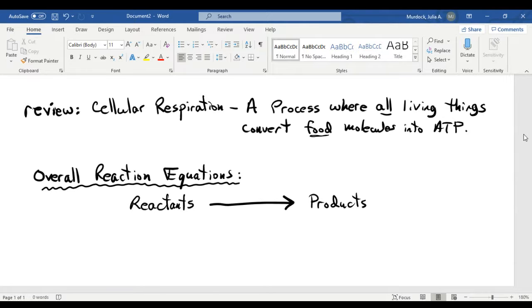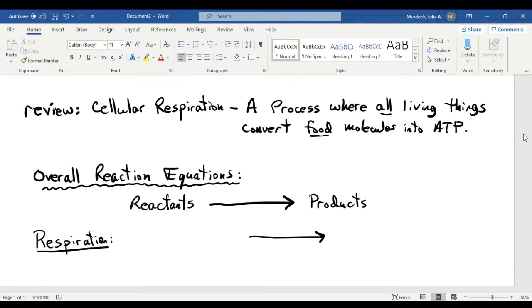So if I wrote the overall reaction equation for respiration, let's do respiration first because you should remember what that is. The overall reaction equation for respiration. What are the reactants on the left side of this arrow going to be?